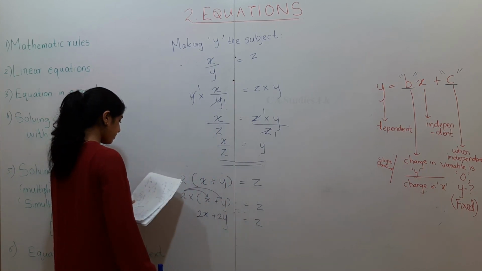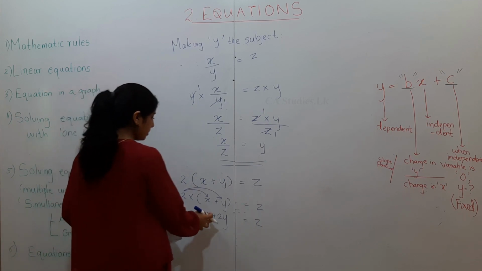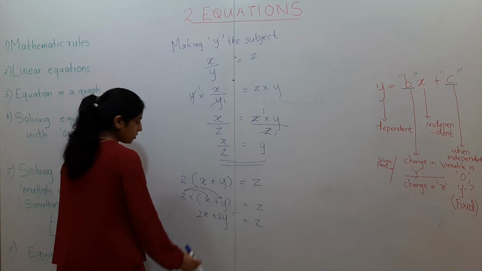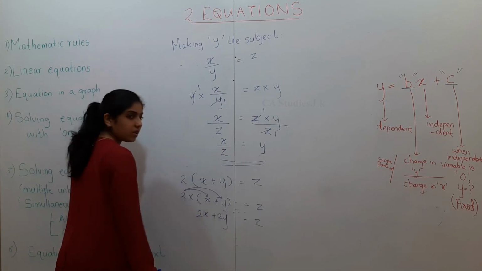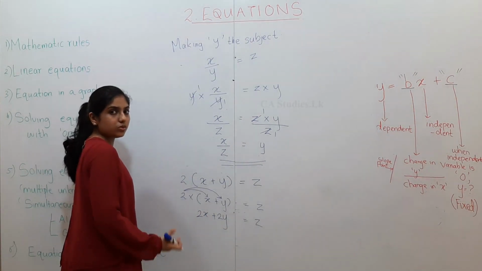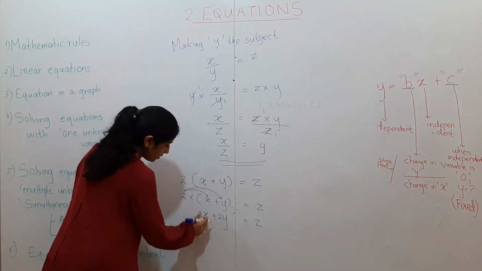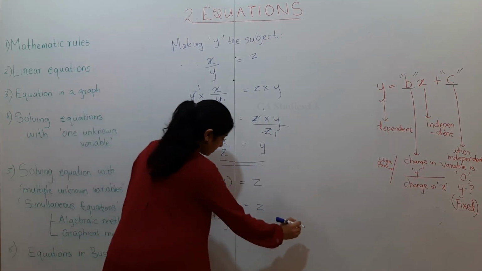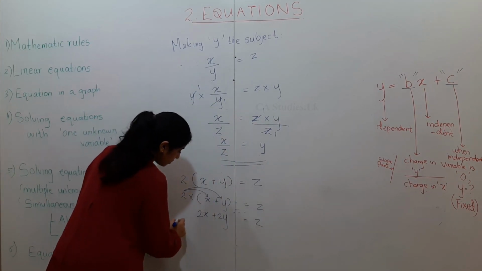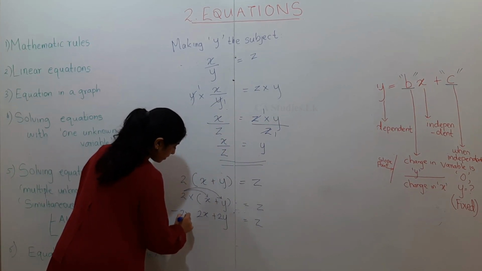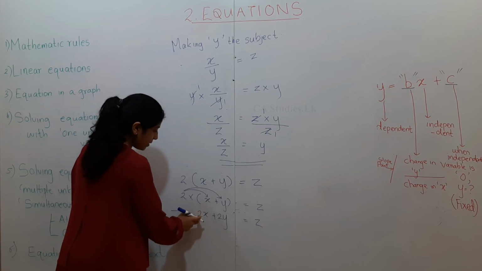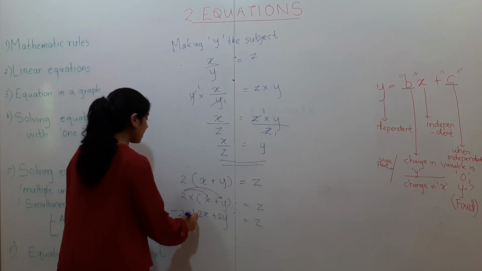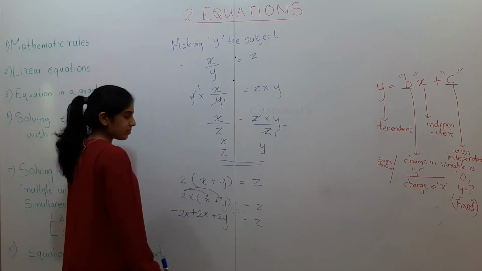Now you want only y, okay? So first of all, we'll try to keep 2y. Then you have to remove 2x from this side and bring it to this side. For that, you do minus 2x, because I told you previously, if a number doesn't have a sign next to it, it means it has plus next to it.